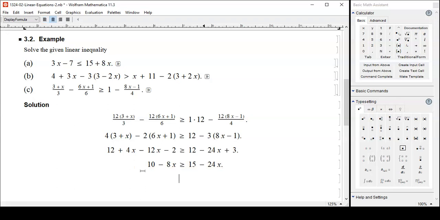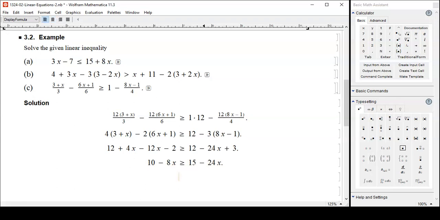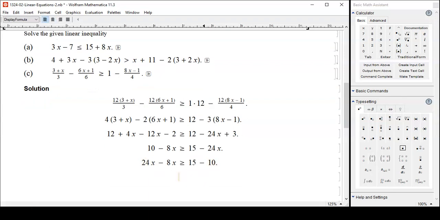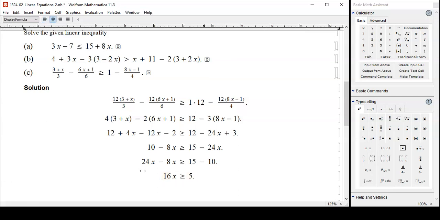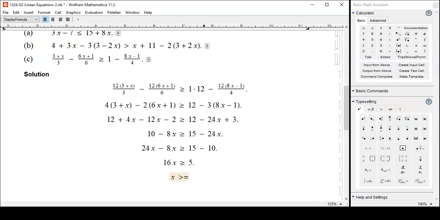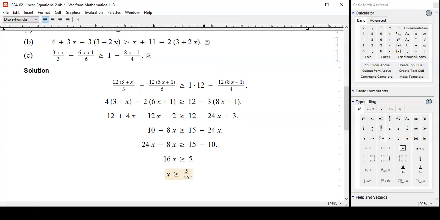And then flipping negative 24x to the other side, and then flipping 10 to the other side, so 16x is greater than or equal to 5. x is greater than or equal to 5 over 16, it appears.